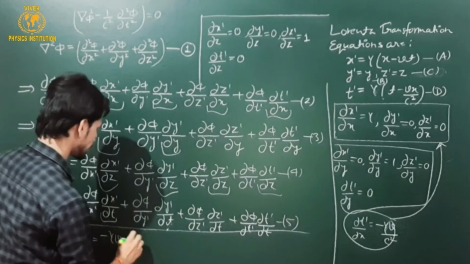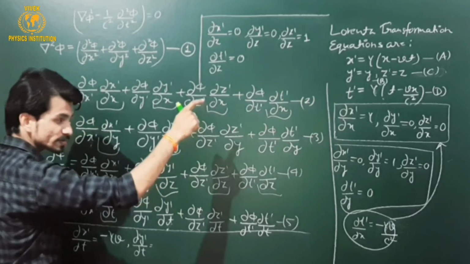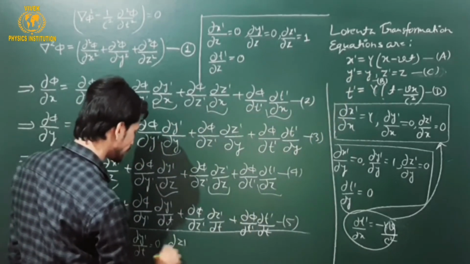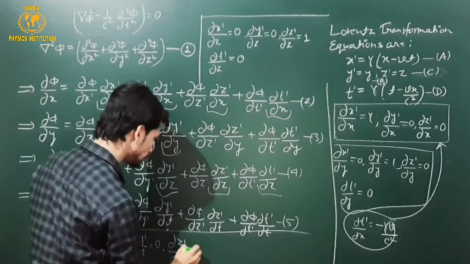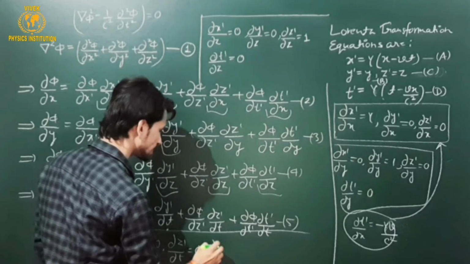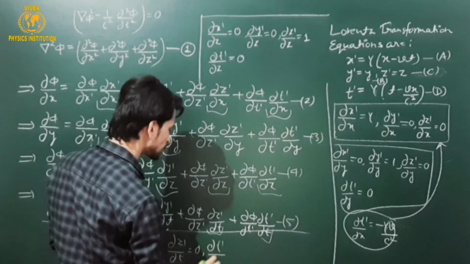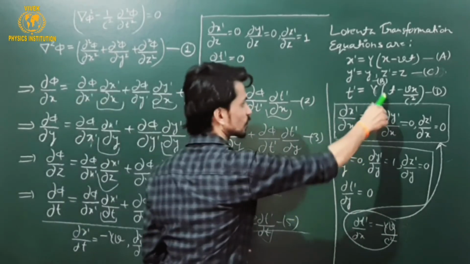This is got. This is ∂y'/∂t. Differentiation of y' with respect to t is again 0 because no t is here. Again ∂z'/∂t will again be 0 because no t is there. This is 0. The next term is ∂t'/∂t, the differentiation of t' with respect to t, from this equation.